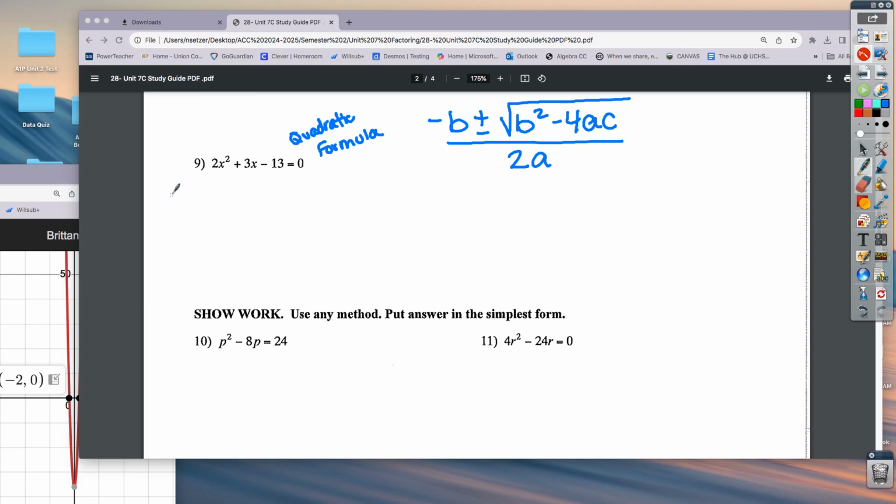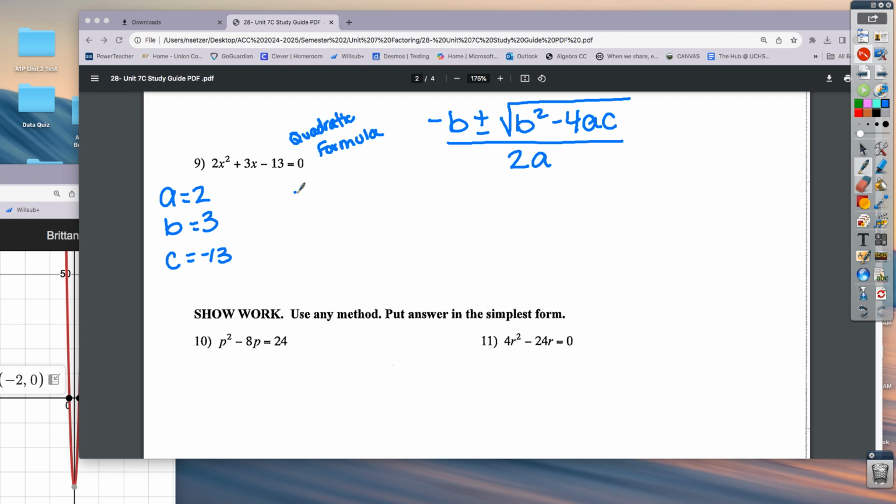All right, so I know that a equals 2, the number in front of x squared, and b equals the number in the middle with the x, and c equals the constant, which is the number all by itself. And then I just take my numbers and put them where they belong.